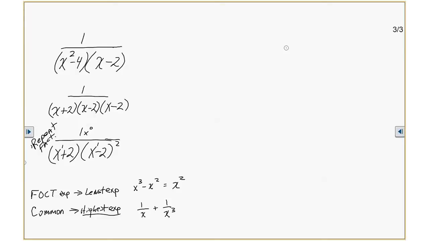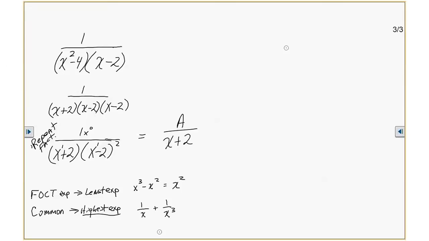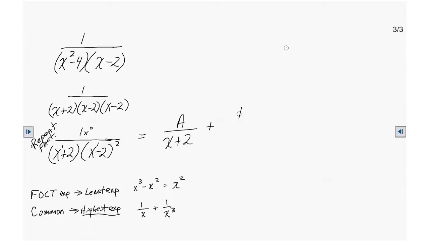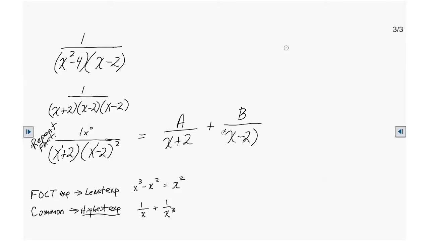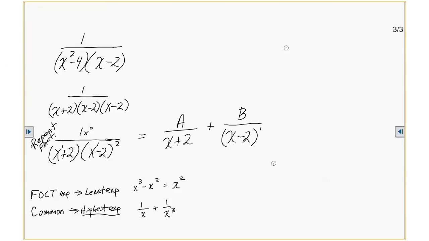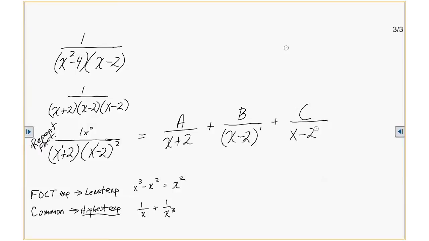So I'm going to rewrite this as A over x plus 2, that's the one that's not repeating, plus B over x minus 2 to the first power, plus C over x minus 2 to the what? Second power. You see what I did?